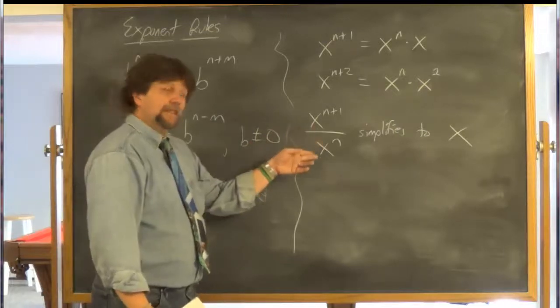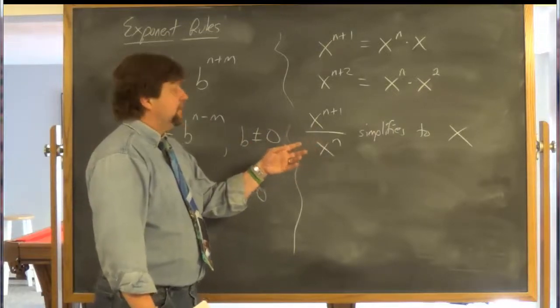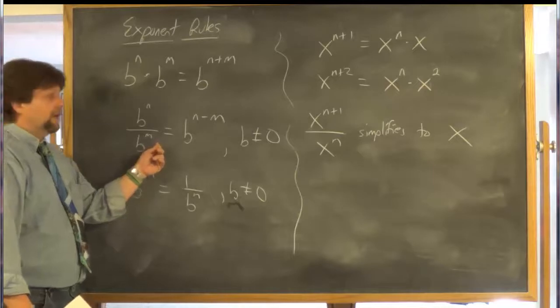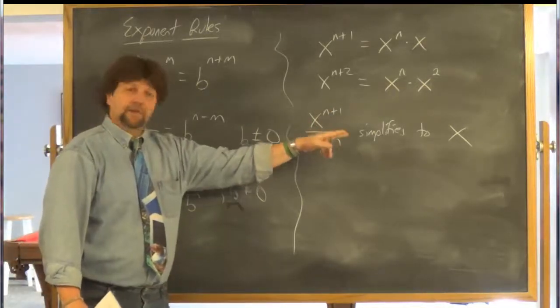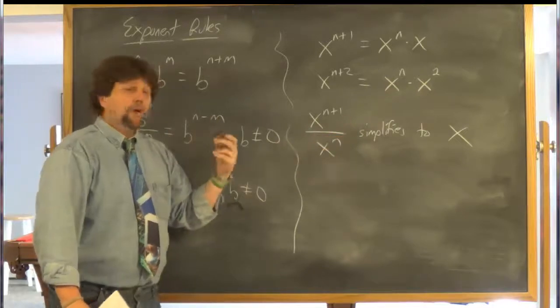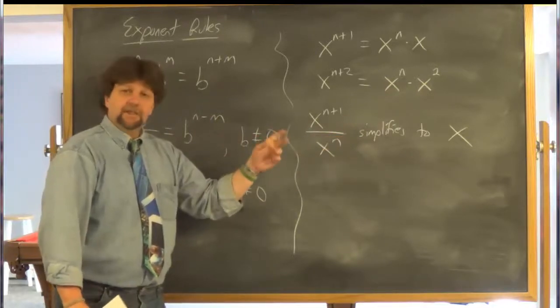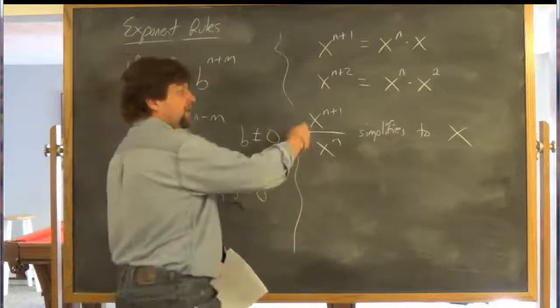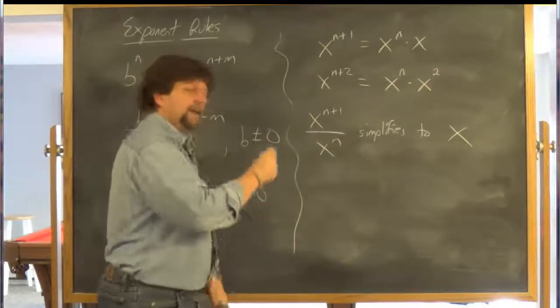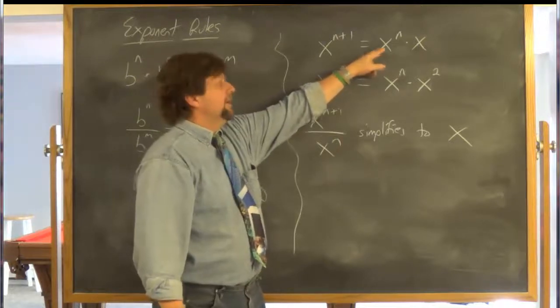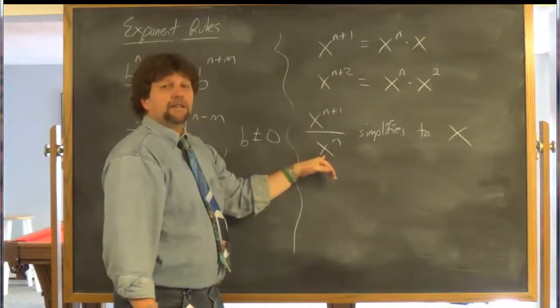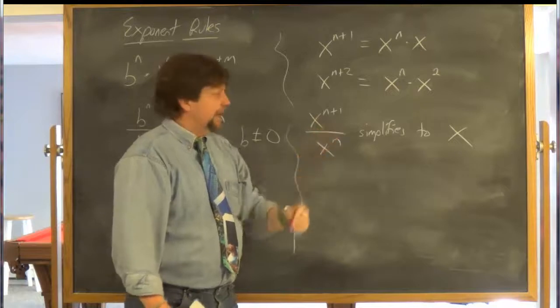You could use this rule: you'd have x to the n plus 1 minus n, which leaves you with x. Or you could see that the numerator is x to the n times x. That's what we have right here. And then the x to the n would cancel with that x to the n, and that would just leave you with an x.